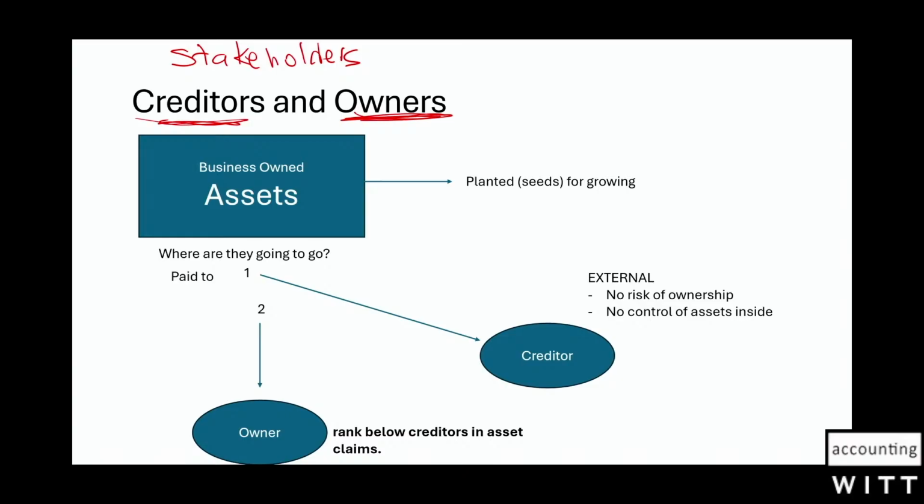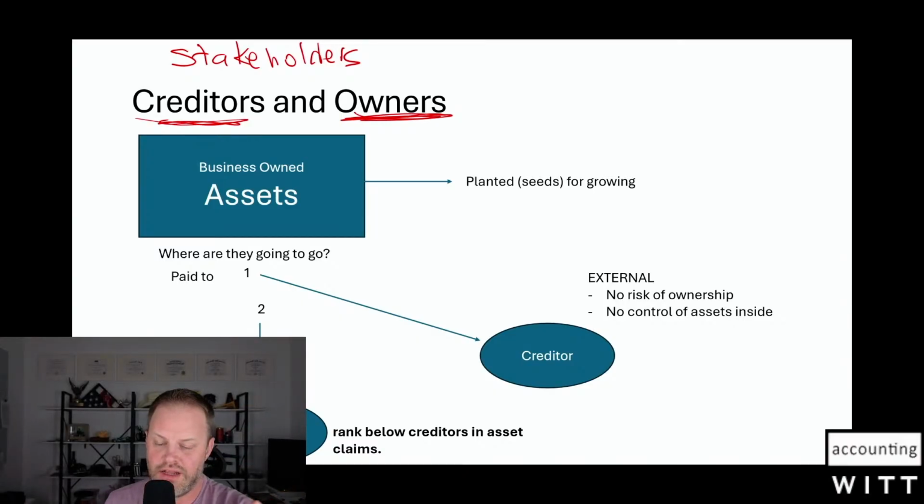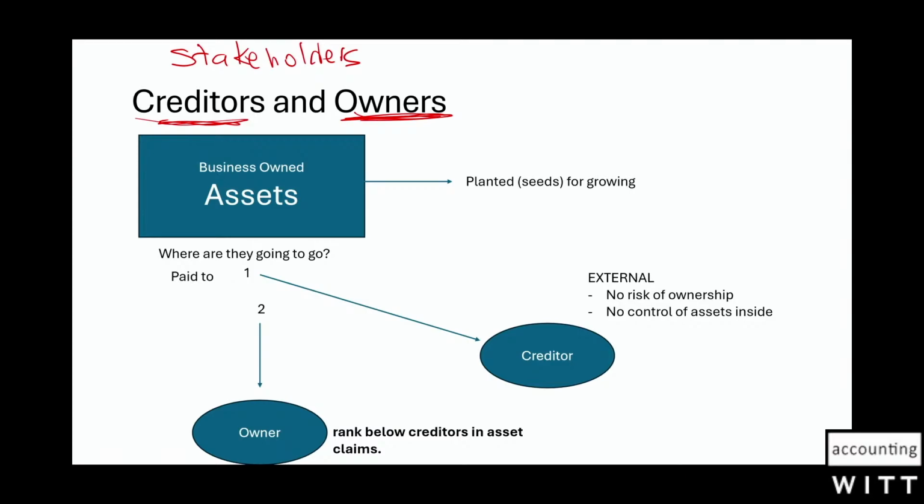One way to define that is, if the business liquidated everything it had, who would get it? There's a ranking of where assets go. The first place they go is to creditors. Creditors are first in line. Then anything that's left over after creditors get their money goes to owners. So owners rank below creditors in this hierarchy of asset claims. Does that make sense? Yeah.